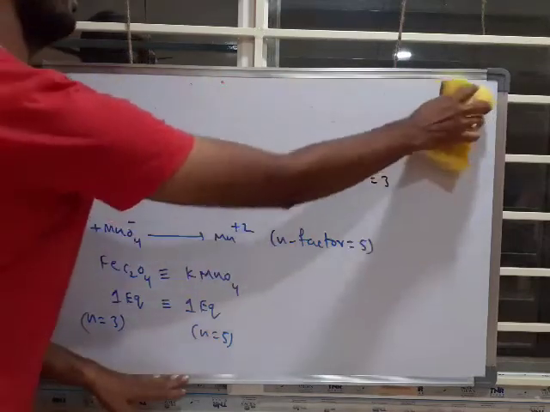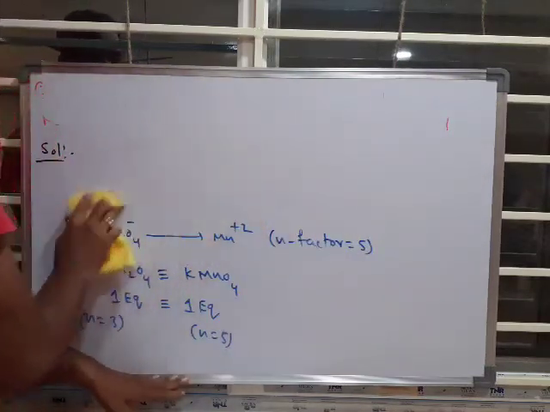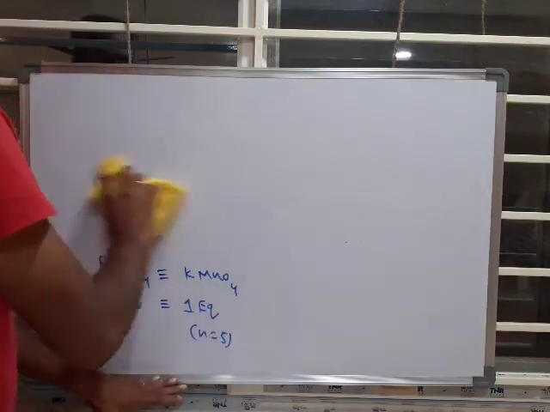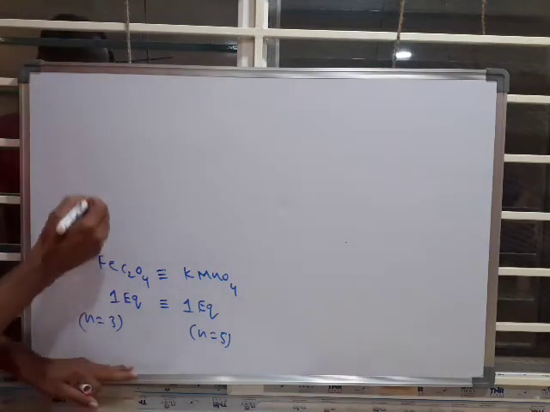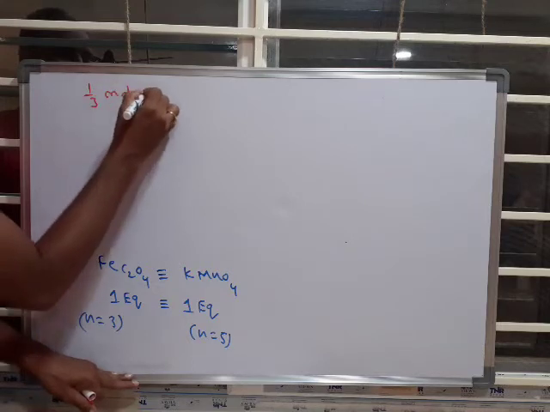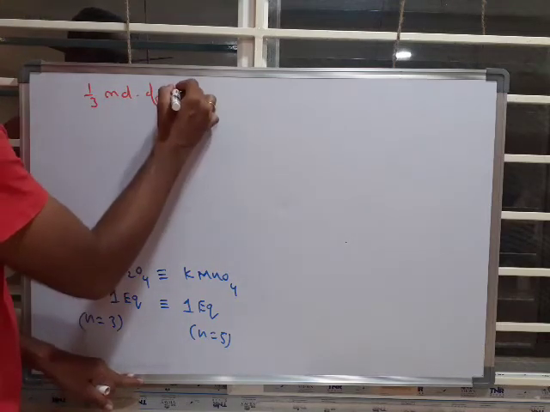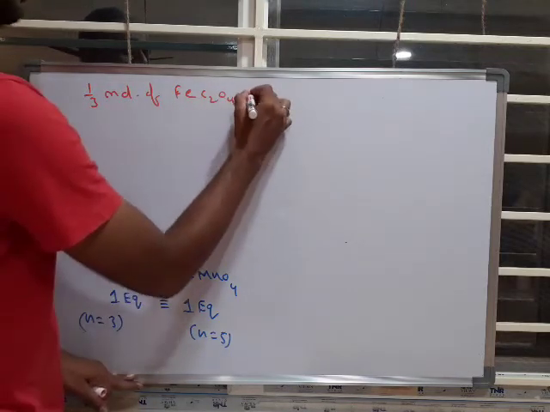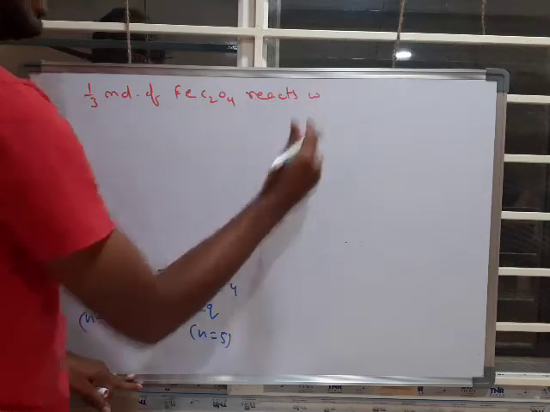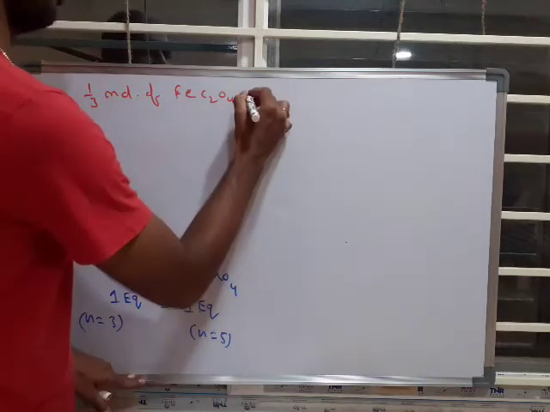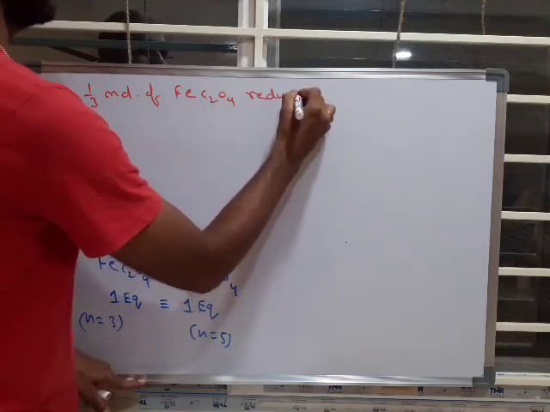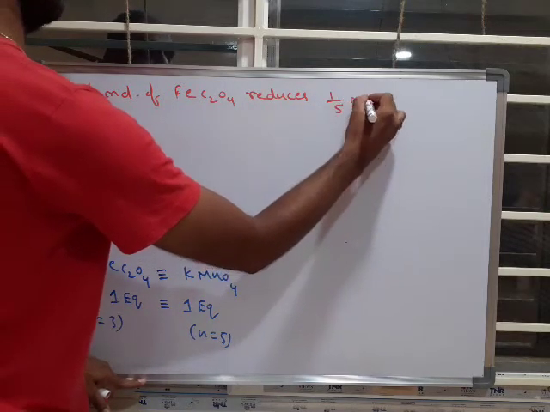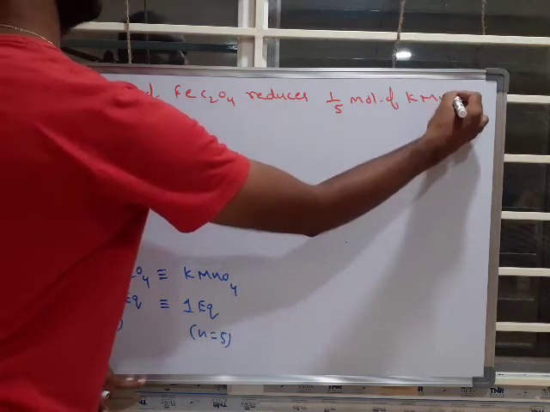So here we can say 1 by 3 mole of FeC2O4 reduces 1 by 5 mole of potassium permanganate.